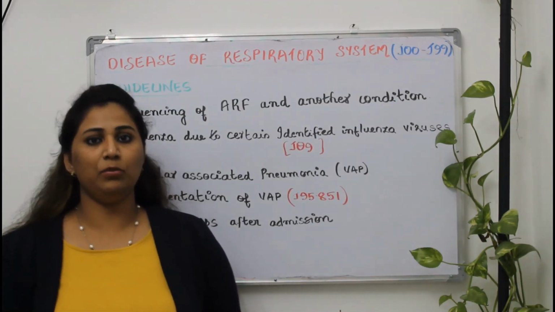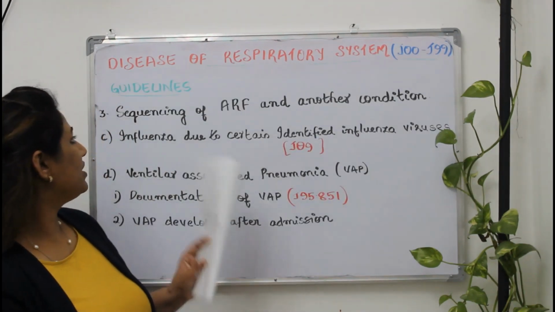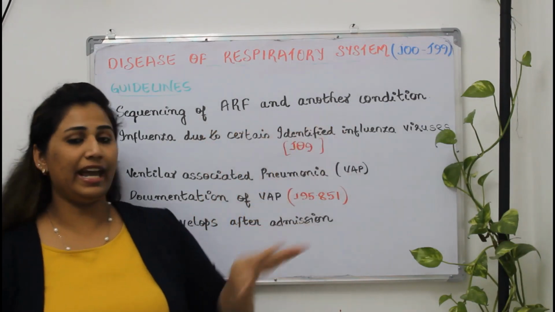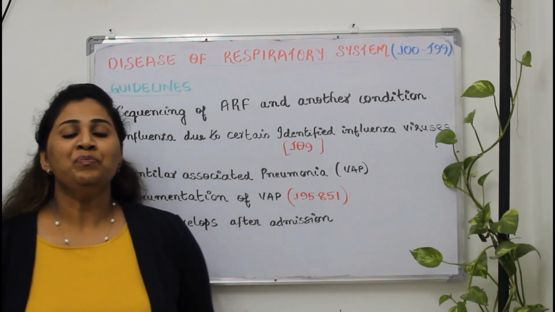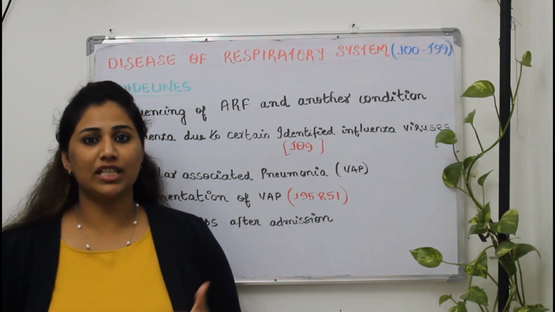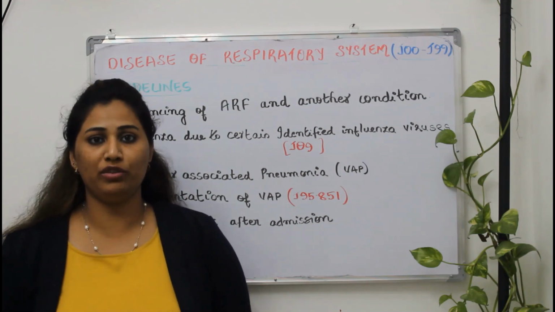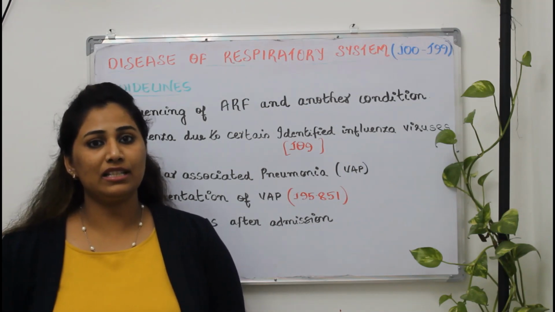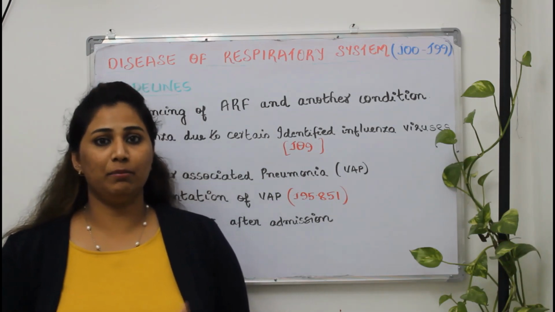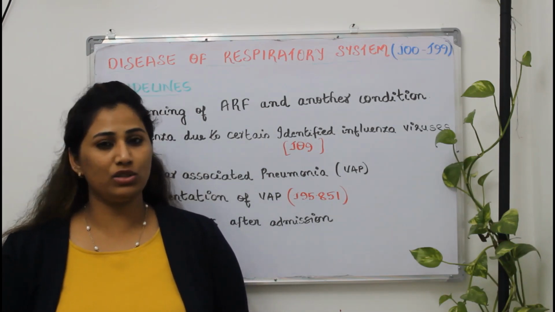In the second point, there is one more point, which is sequencing of acute respiratory failure and another condition. Here, the patient is coming with both acute respiratory failure as well as another emergency condition, for example myocardial infarction, CVA or something like that.